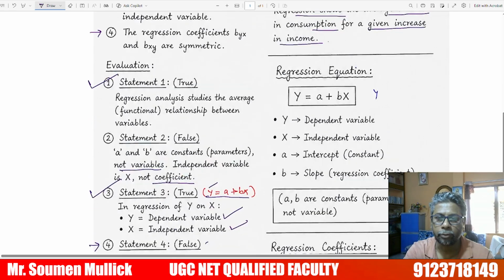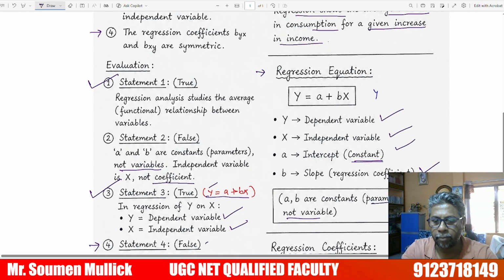So this is the regression equation: y equals a plus bx. Here y is the dependent variable, x is the independent variable, a is the intercept, meaning constant, and b is considered the slope, the regression coefficient. a and b are constants, meaning parameters, not variables.